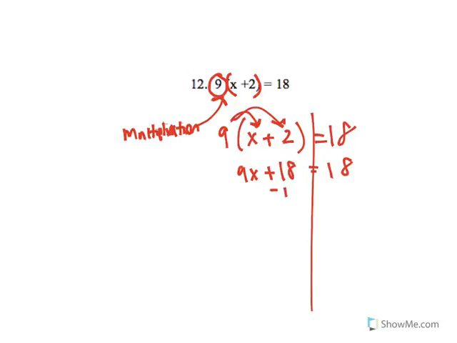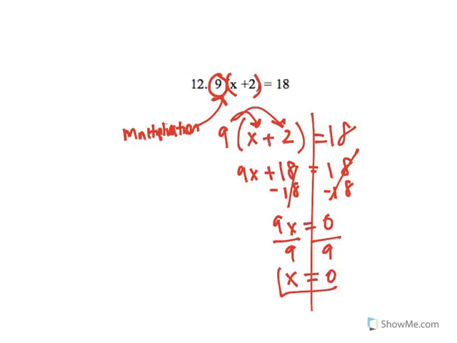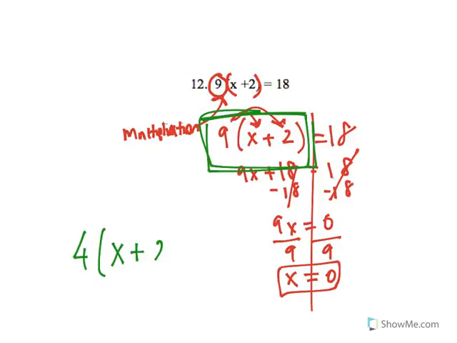I draw the line, and now I solve. 9x, 18 minus 18 gives me 0, divided by 9, divided by 9. X equals 0. And that is my answer. So the key part here is that whenever you have a number outside of parentheses, you need to give 1 to each piece inside of the parentheses using multiplication.